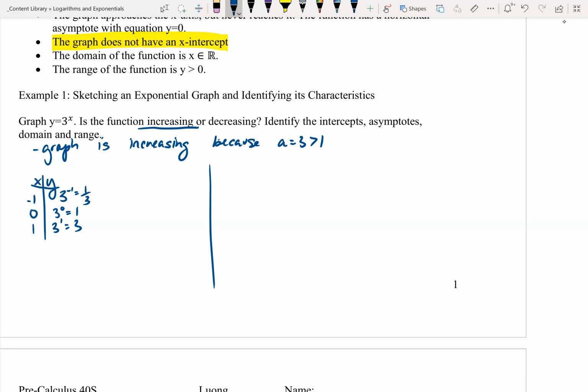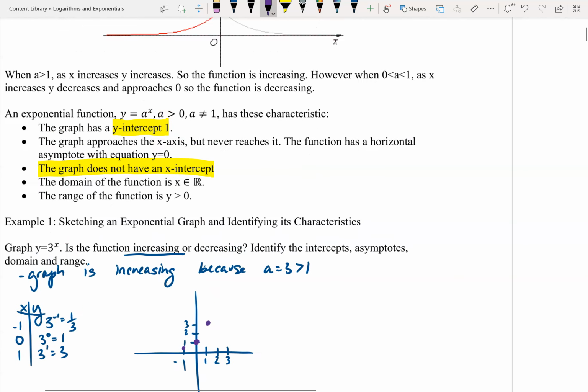I'm going to go ahead and draw in my x and y axis, label it, and draw in the corresponding points. And the shape should be the same shape as the red graph from above here.